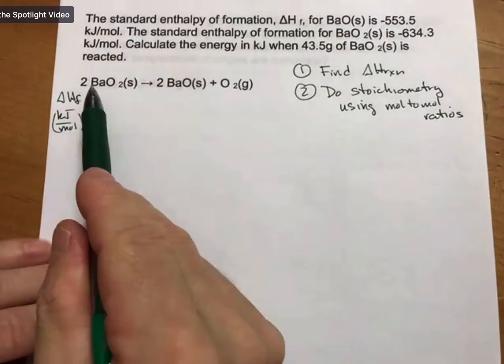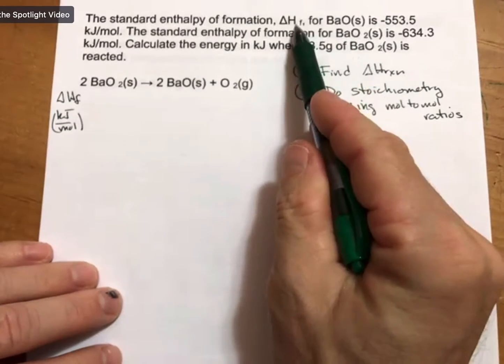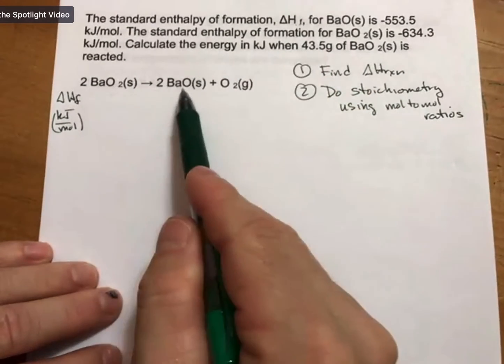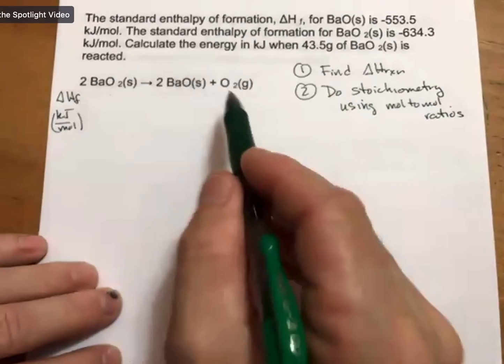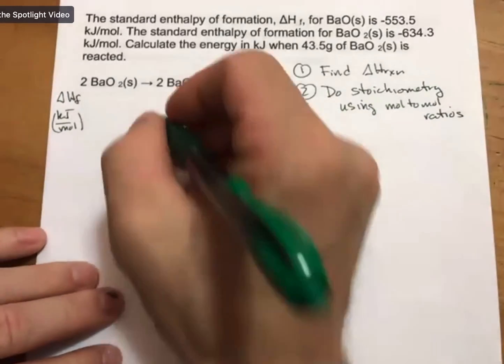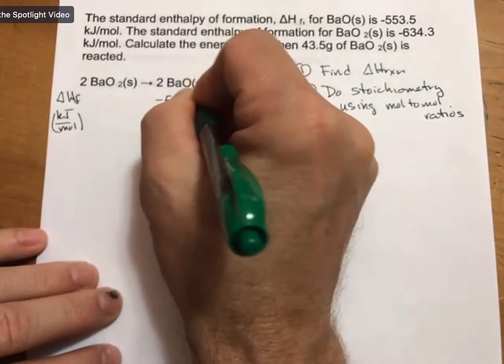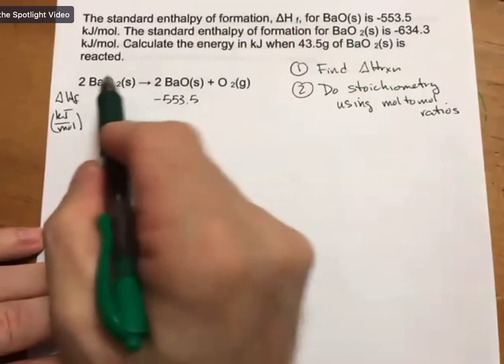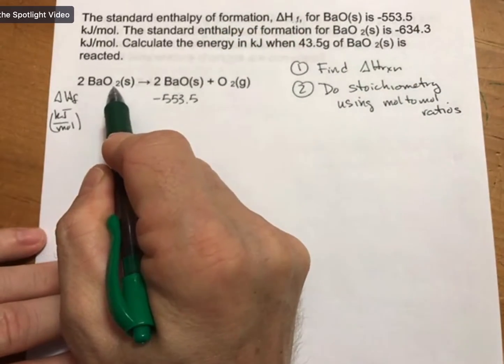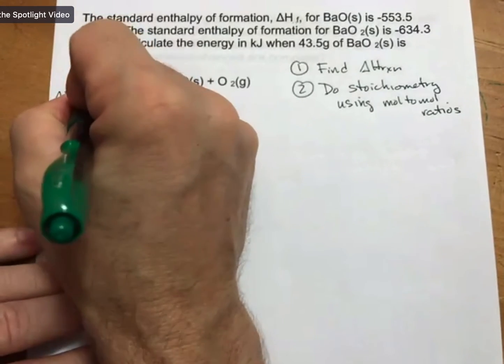is to write the delta HF values under each of them. So barium oxide is minus 553.5. Barium peroxide, BaO2, is minus 634.3.